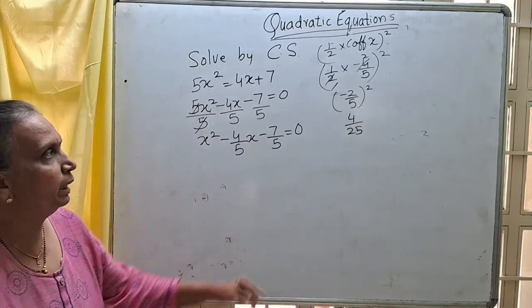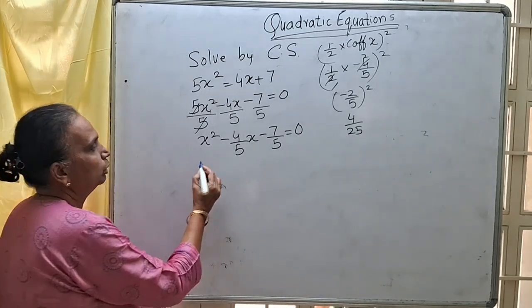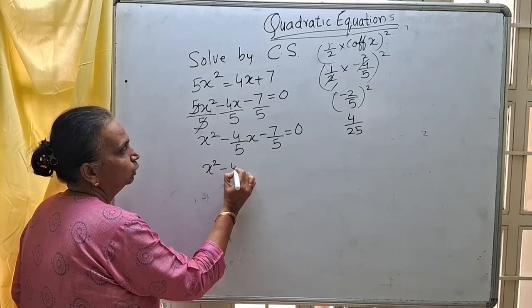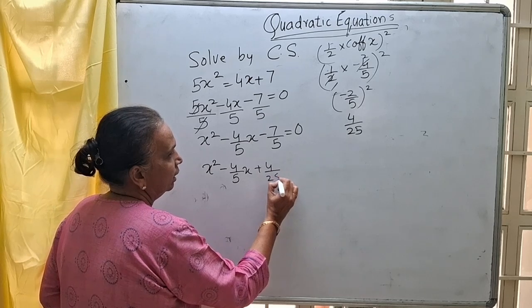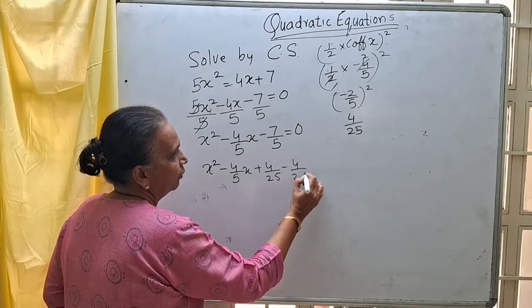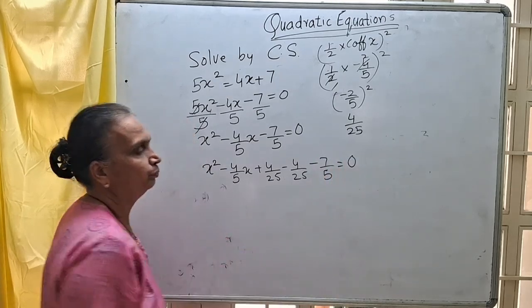So simply add and subtract this in the equation: x square minus 4 upon 5x plus 4 upon 25 minus 4 upon 25 minus 7 upon 5 is equal to 0.